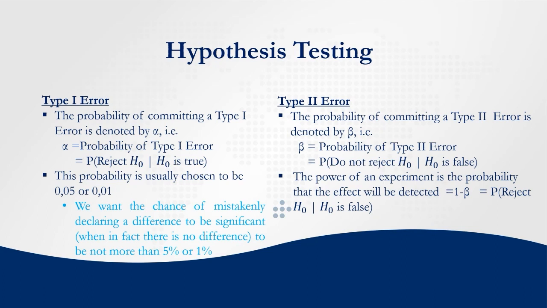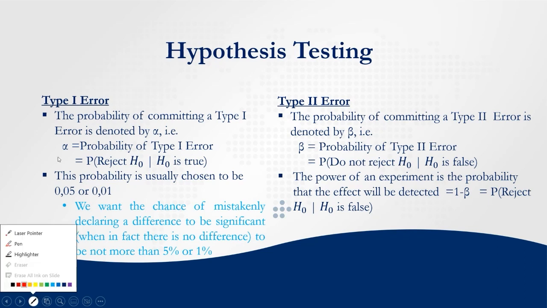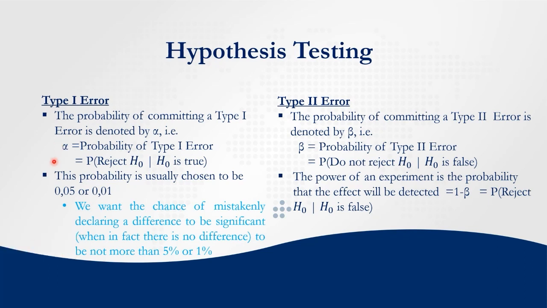And the probability of committing that error is referred to as alpha. So you can see the alpha here. So alpha is the probability. The actual error is inside the brackets.